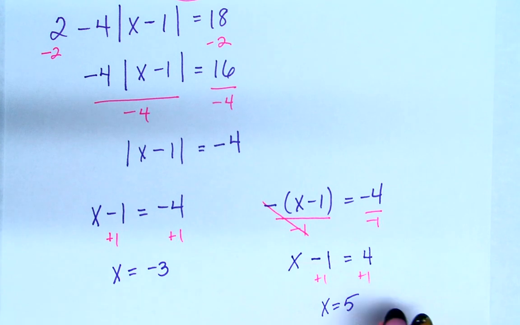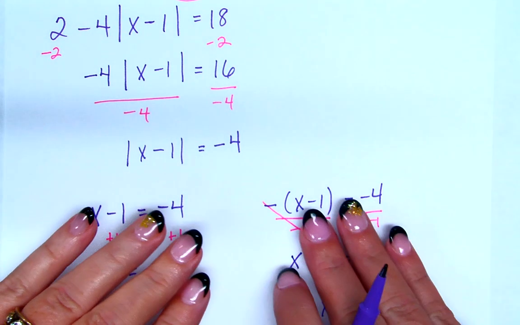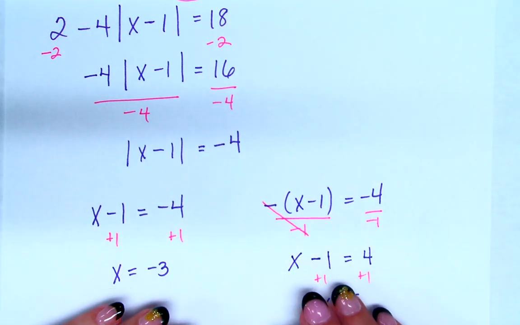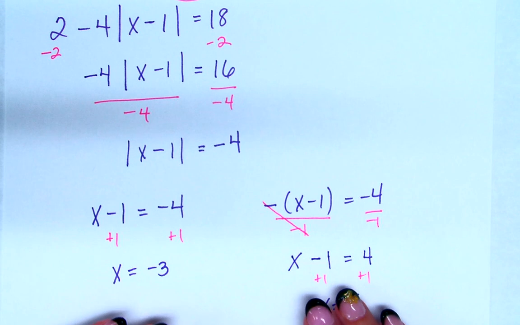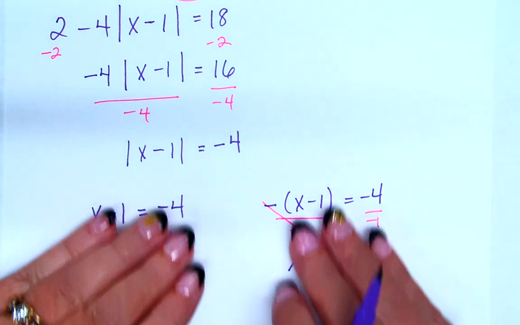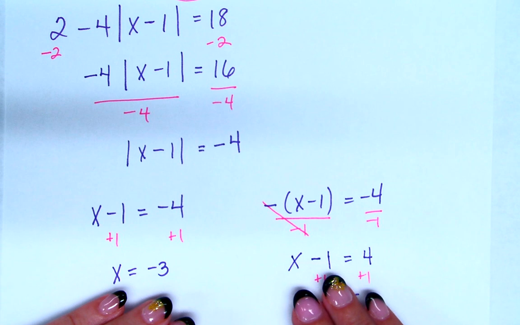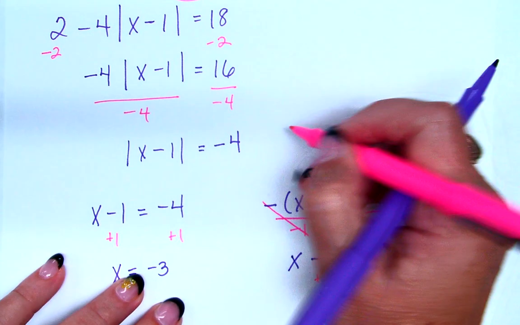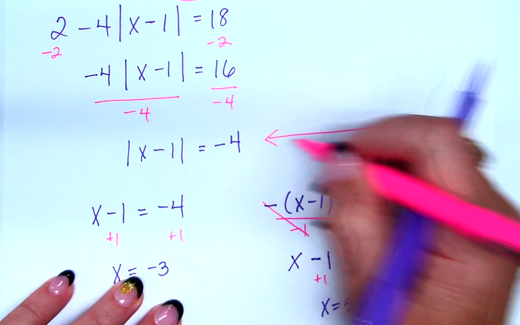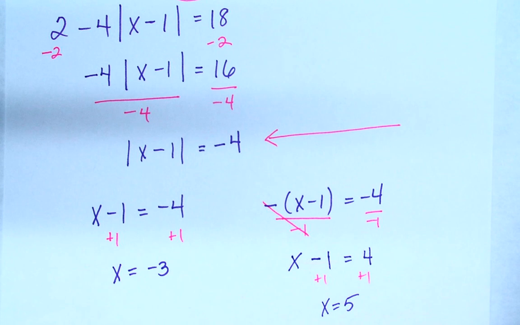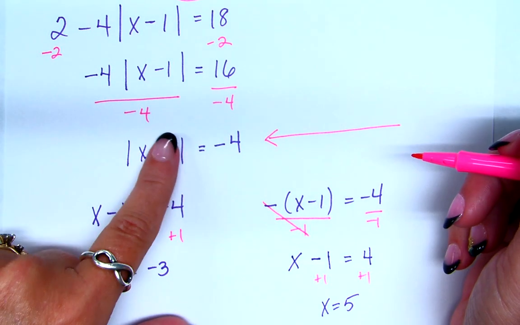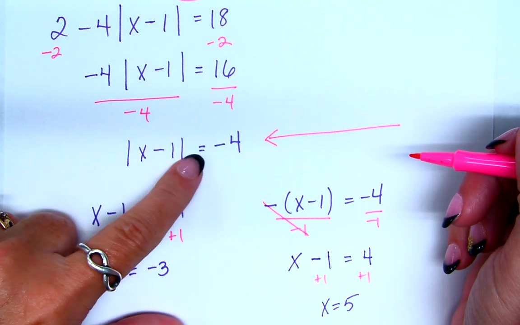But here's what I need to say before I show you what happens. Please listen. Before I show you what happens, I need you to feel confident in your absolute value equation solving skills. Because none of this down here is wrong. It's all correct. We have to go right here. Guys, when are we going to take the absolute value of something and get a negative?